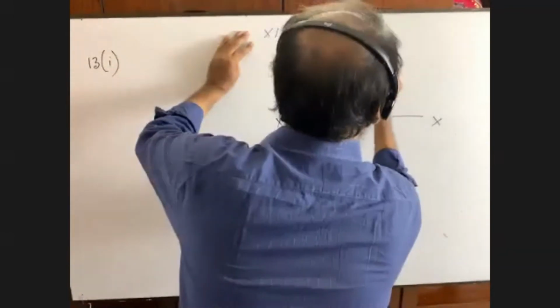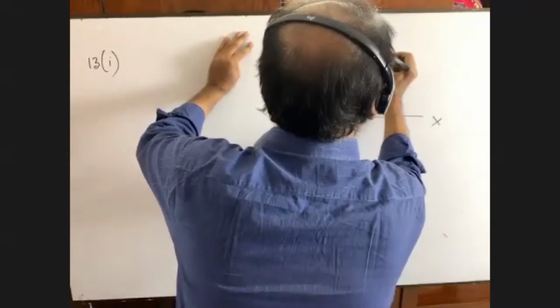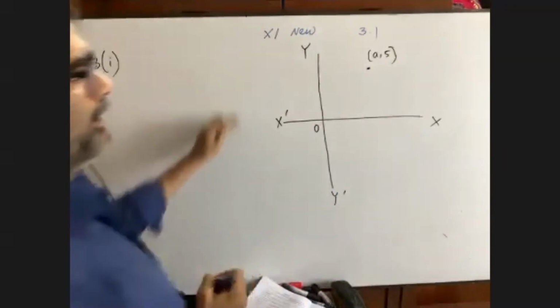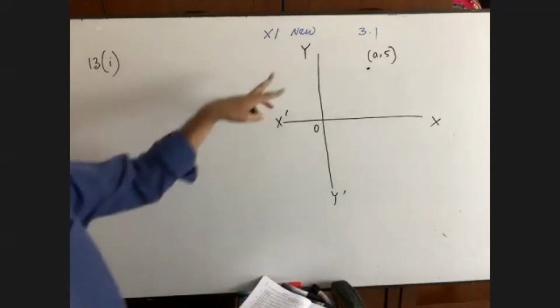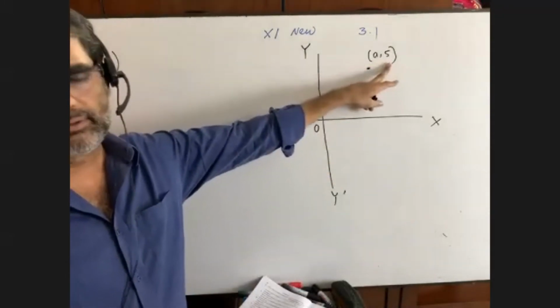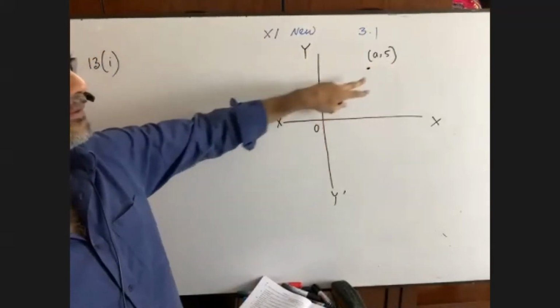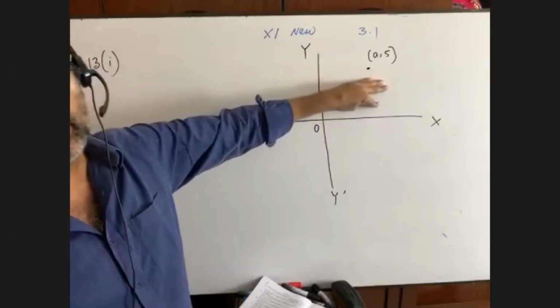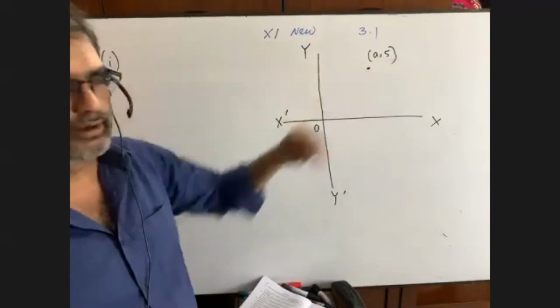Suppose this is a point a comma 5. Anywhere it can be given here, but not here because 5 is positive, so it will be above the x-axis. It may be here in the first quadrant, or in the second quadrant because 5 is positive.